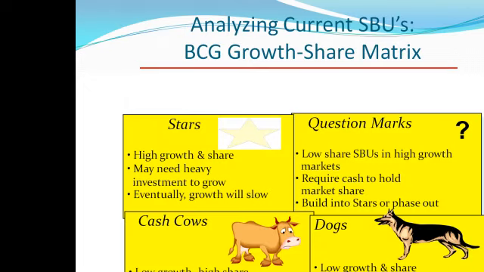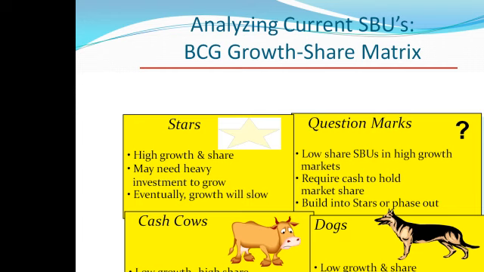Most of the people, how they define SBU in the business community is they make this matrix. It's called the BCG growth share matrix, and you give your business stars, question marks, cash cows, and dogs.